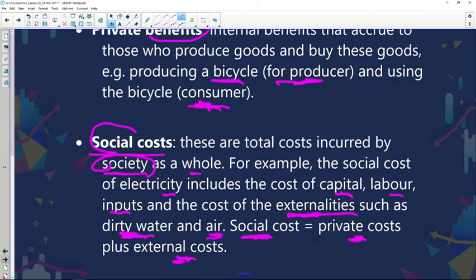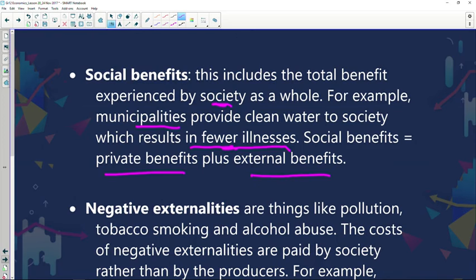Then we also looked at social benefits. We said this includes the total benefit experienced by society as a whole. For example, the municipalities provide clean water to society, which results in fewer illnesses. So our social benefits equal our private benefits plus our external benefits.